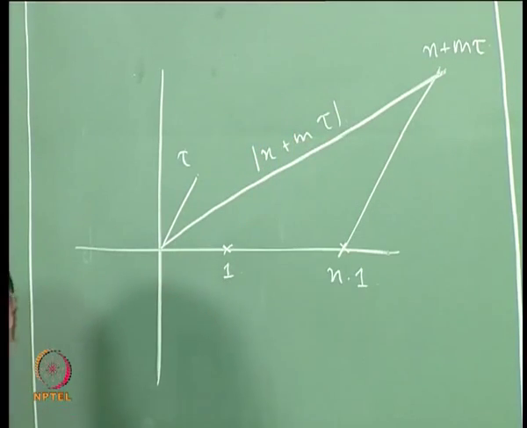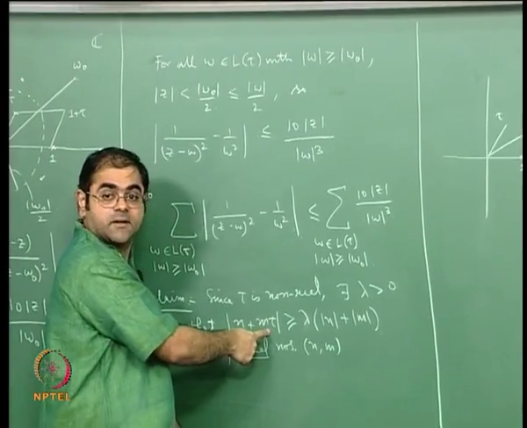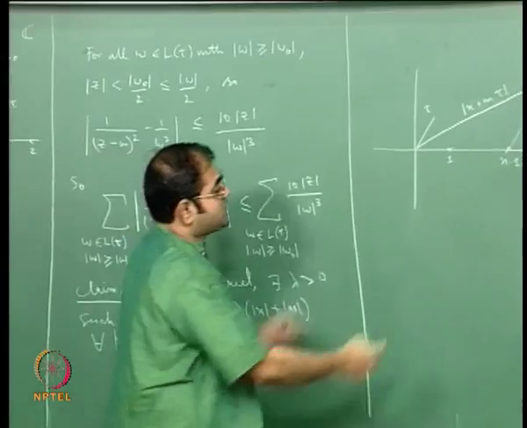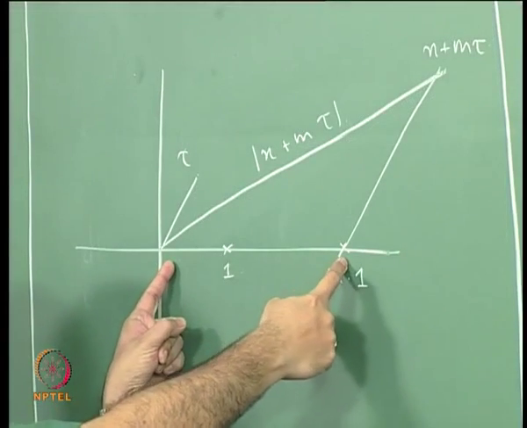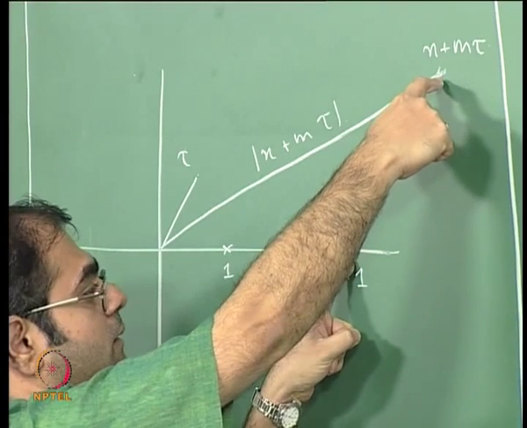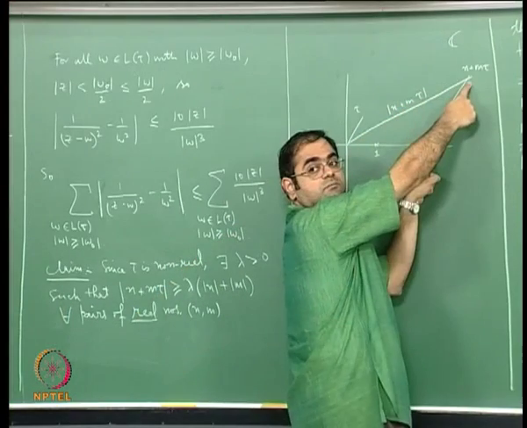And if I take the modulus of n plus m tau and divide by mod n plus mod m, I am actually dividing by this length, by the factor of this length by tau.